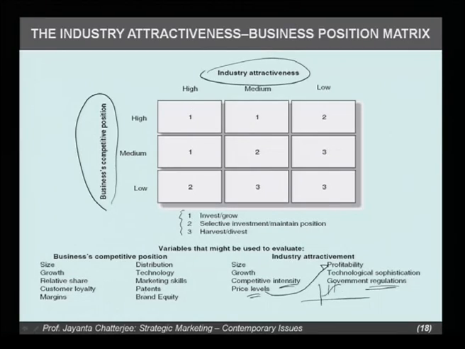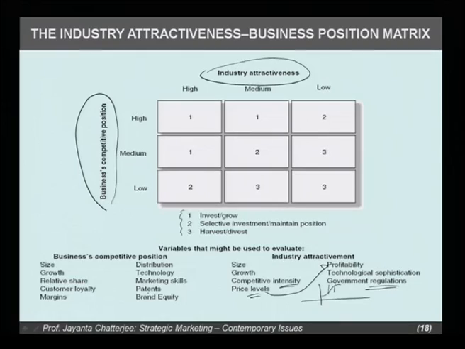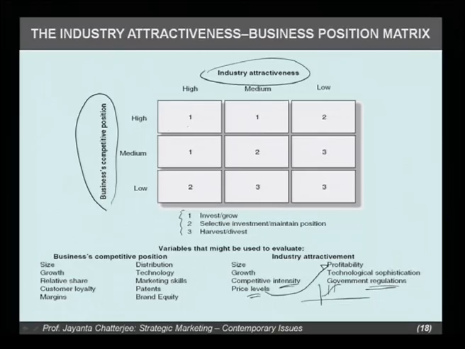So, maybe you have some unique technology and that business is going. So, today for example, Apple with their iPad or Samsung with their various forms of combinations of tablets and mobile phones may be in this kind of a quadrant. So, obviously, this is the quadrant for invest and grow.